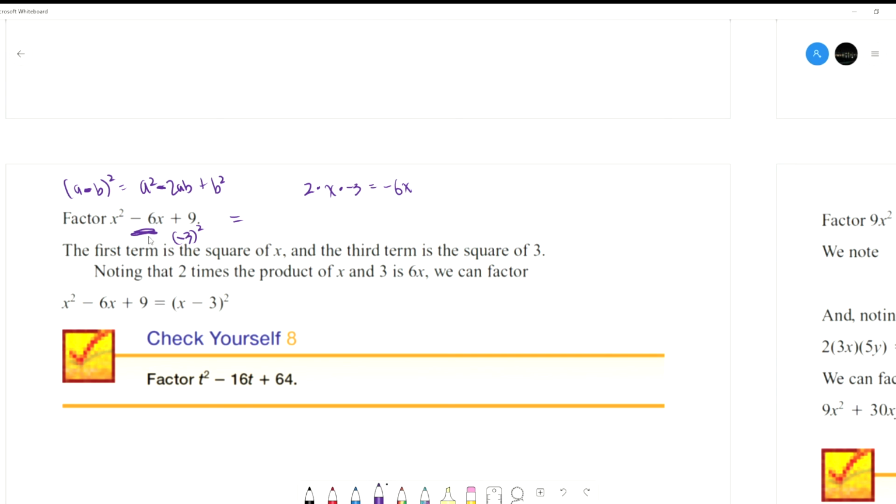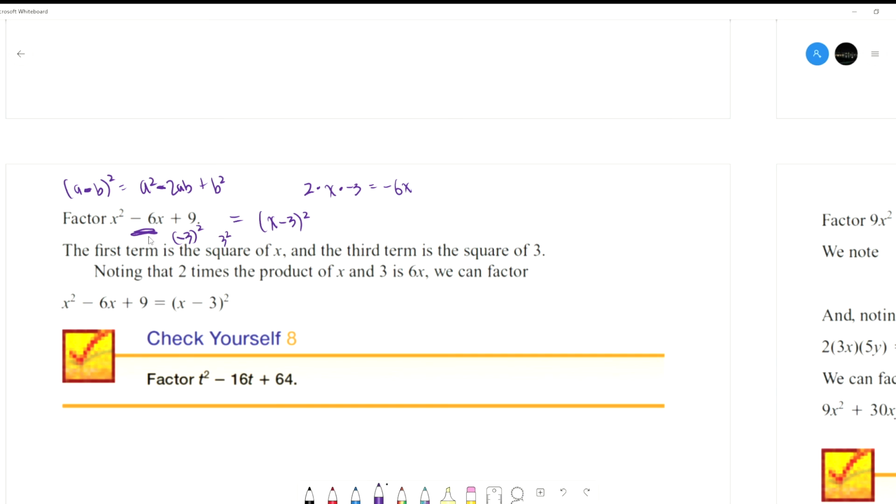Therefore, this will factor into the first and then the second. Or you could look at it as the first, and the second is 3 squared, so the first minus the second. That might be a better way to look at it.